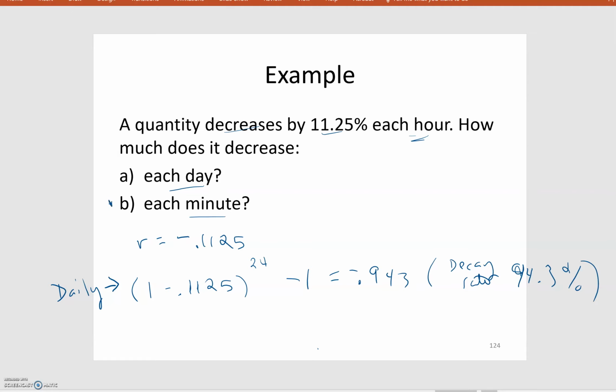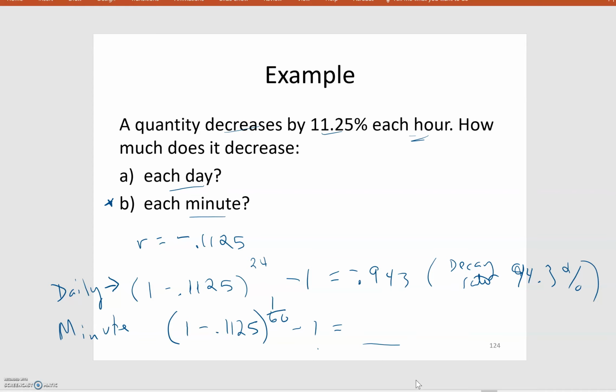Let's look at the minute decay rate. Again, I'm going to go back to the factor, but now instead of the 24th, I'm going from hourly to minute, so I'm going to raise it to the 1/60th power. And then beyond that, it's exactly the same set of steps. So you would subtract 1 from this, then you'll get a negative number because it's negative growth, and then I'll change the sign.